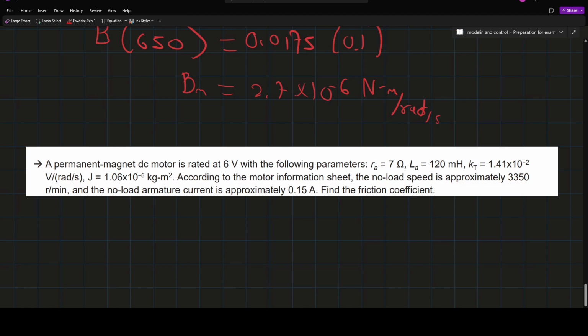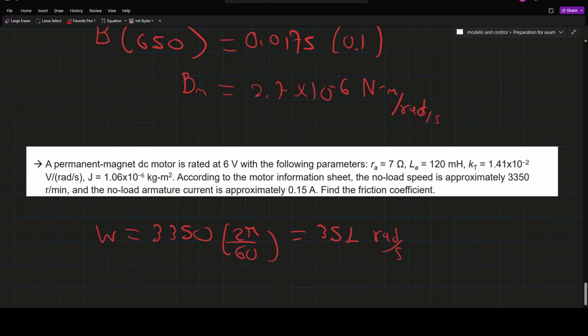So first they're saying that this is the speed with no load, so we know that this is the speed with our friction coefficient. We have 350, we multiply by 2 pi over 60 to get radians per second, and we have here 351 radians per second.